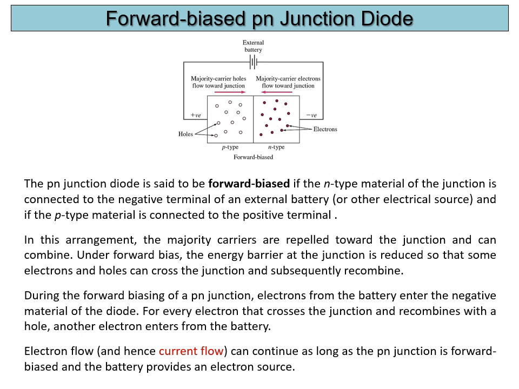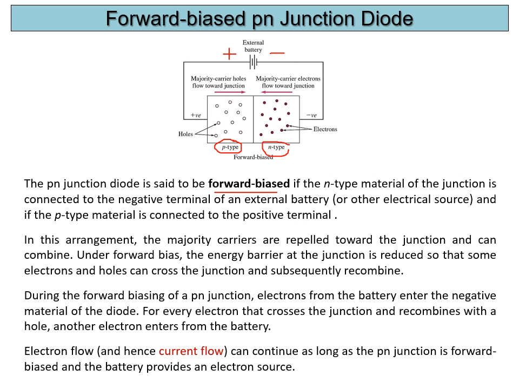The PN junction diode is said to be forward biased if the n-type material of the junction is connected to the negative terminal of an external battery, while the p-type is connected to the positive terminal of the external battery.